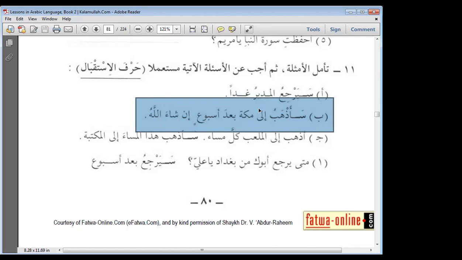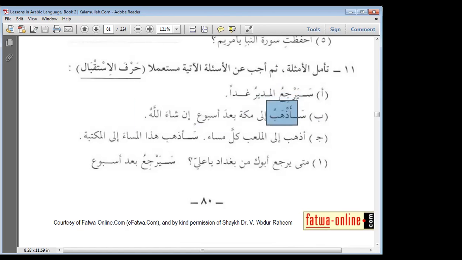You see that? Dhahaba, adhabu. Dhahaba, yadhabu, adhabu. Right? Remember when you learn a verb, you learn past tense together with the present tense. So that's why you hear me saying dhahaba, yadhabu. So we learn one time what vowel goes on the middle letter, right? So dhahaba, yadhabu, a fatha above the ha, okay?